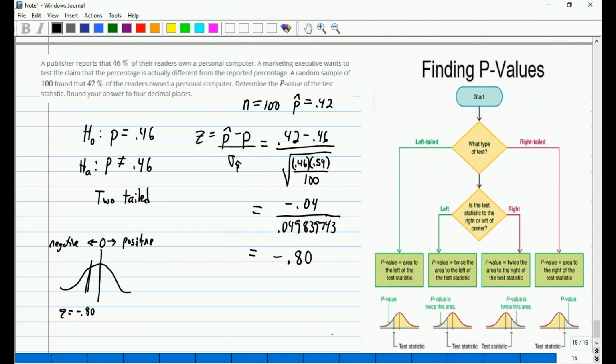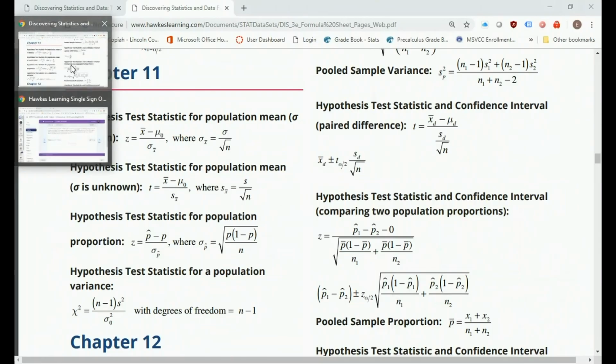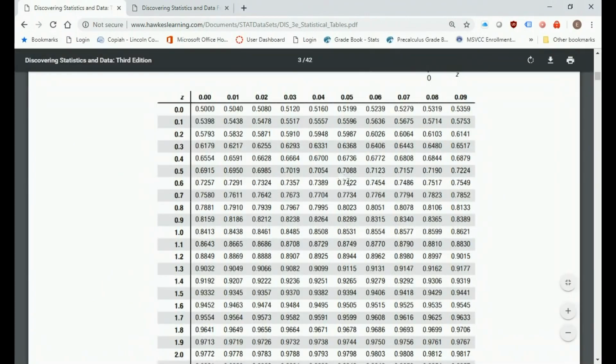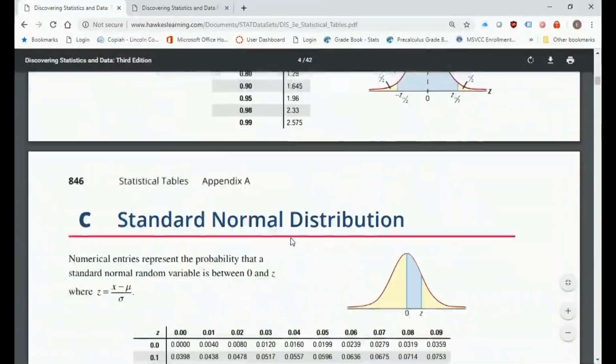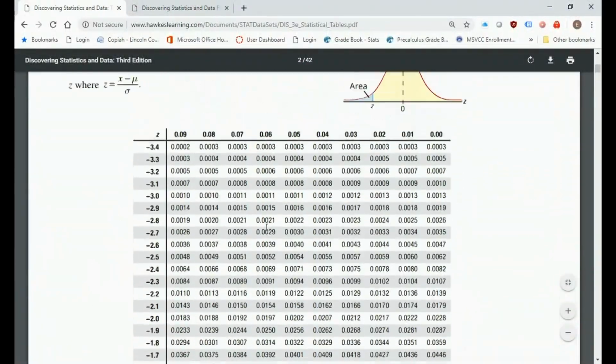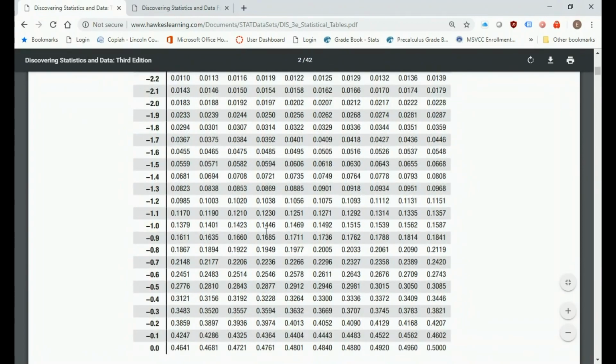What do the directions say? If it's to the left, the p-value is twice the area to the left of the test statistic. So I need to say 2 times the area to the left. That's the way our tables are made. So let's go to our table, and we're looking for negative, so that's table A, negative 0.80.